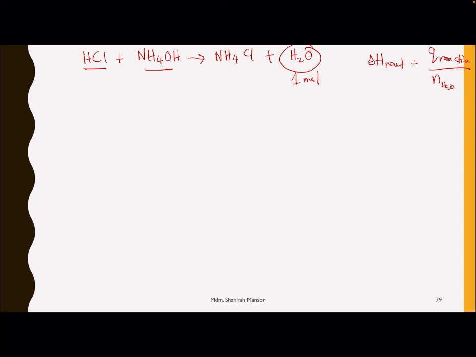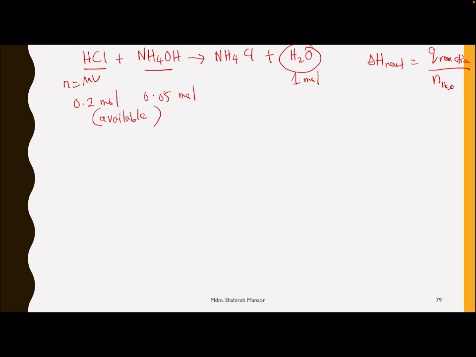We already have the molarity and volume of these two reactants. By calculating n equals MV, you will find that HCl has 0.2 mole and the other reactant has 0.05 mole. These two are actually the available amounts.